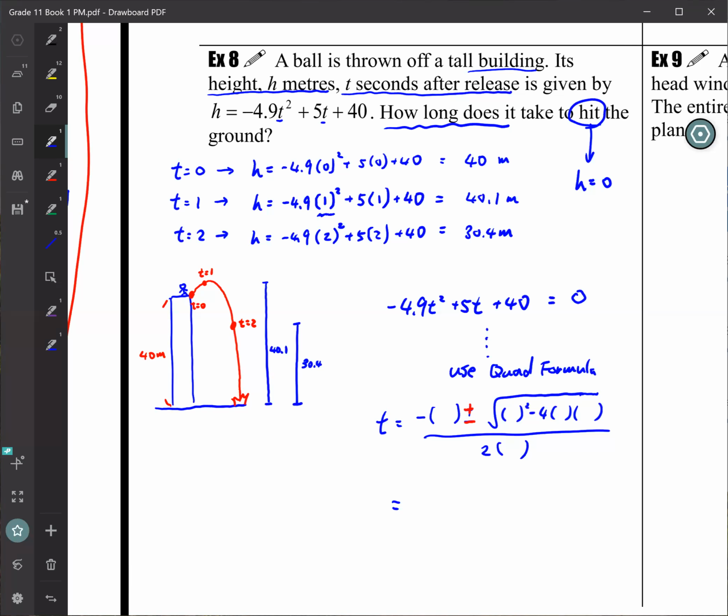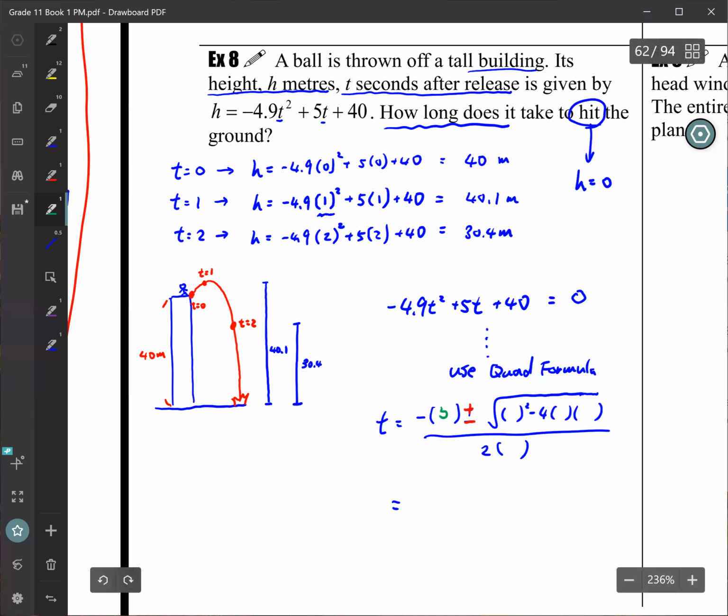Okay, did anyone get the answer yet from the calculator? Okay, let's check the numbers in the brackets. See if you guys put the right numbers.